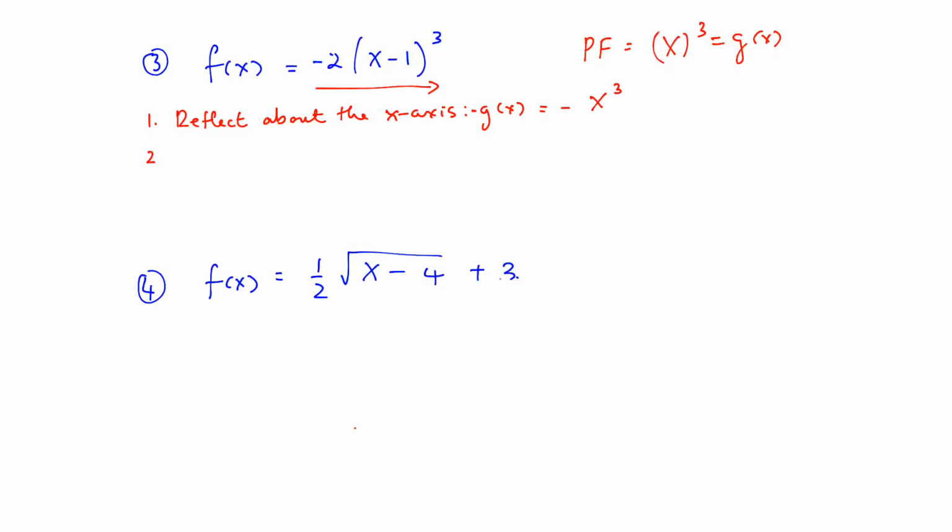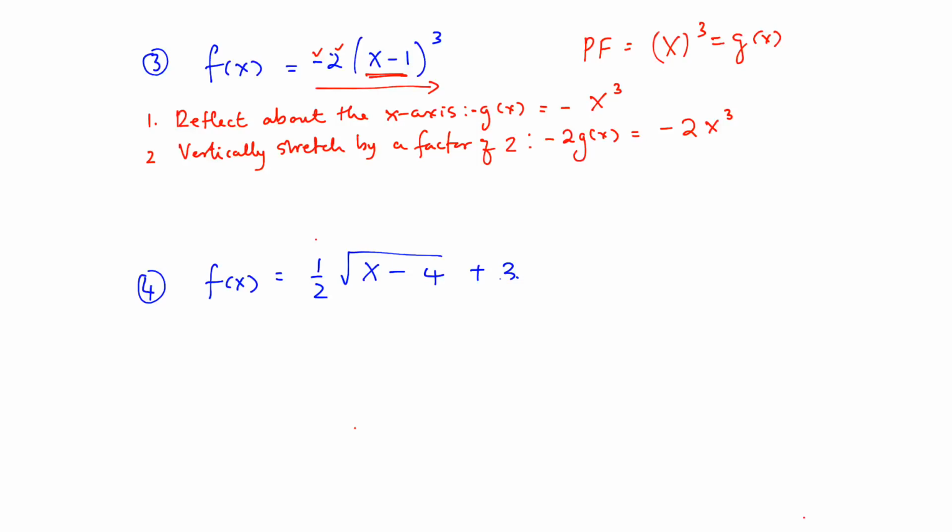And then my next move, I've done this, I'm going to go do this, which is a stretch. So a vertical stretch by a factor of 2 would mean I have negative 2 g of x, which is the same as negative 2x cubed. And then I'm going to this one over here, which is x minus 1, which is telling me that I have a horizontal movement.